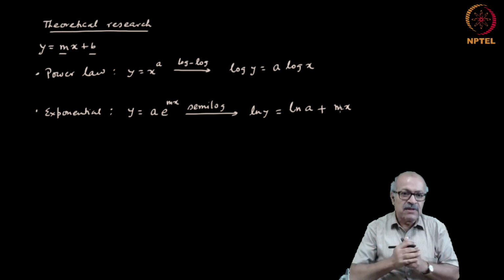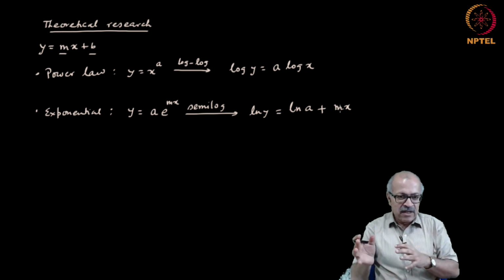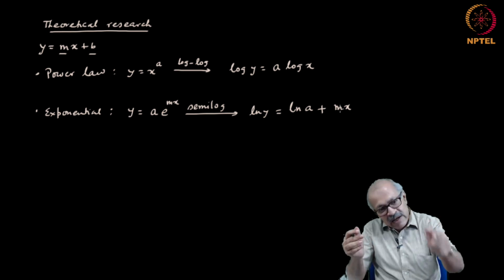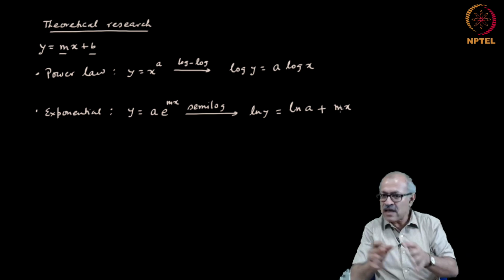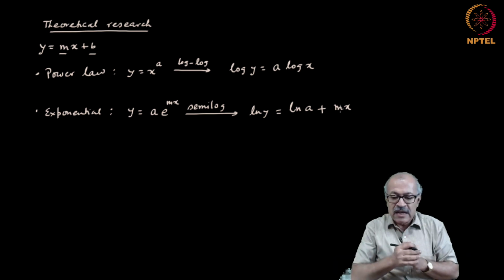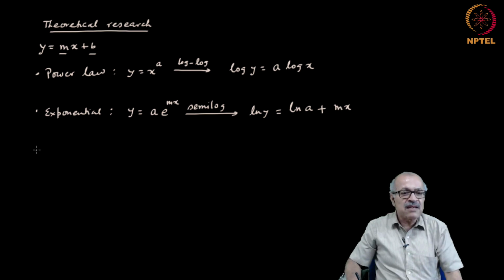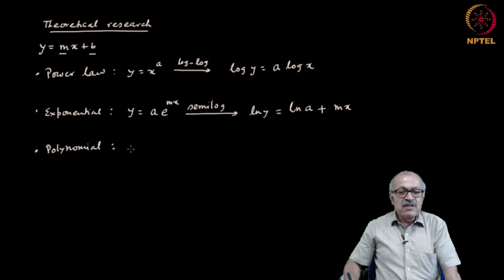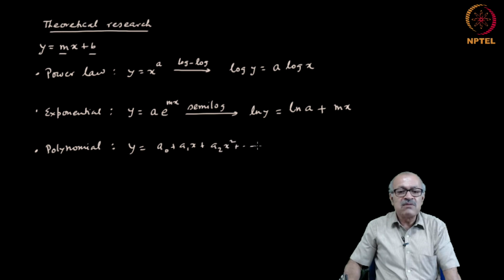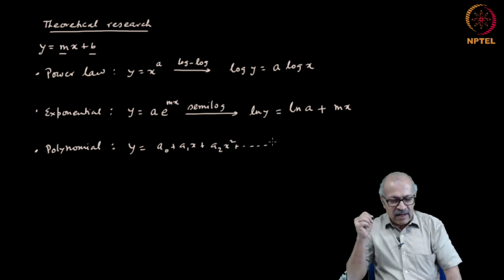If there is some data which cannot be cast into either of these forms, but it is apparent that it is nonlinear data, then we try to express it as a polynomial fit. Polynomial fit, which is basically y is equal to say some a0 plus a1x plus a2x square plus dot dot dot.